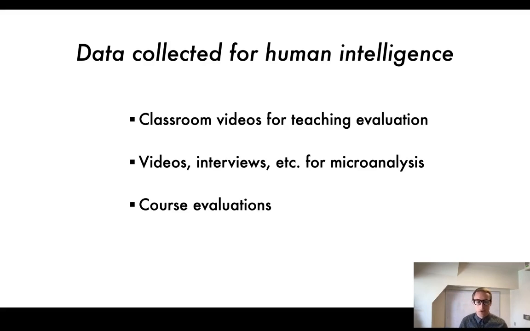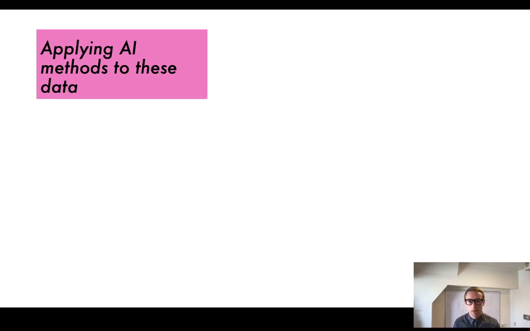And then things as well like course evaluations and various types of metadata or data that may come from outside the actual learning experience. There are lots and lots of different types of data like this that are collected with human evaluation in mind, even if for research purposes, not necessarily for AI research purposes.